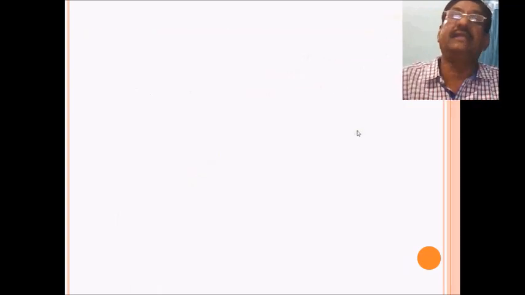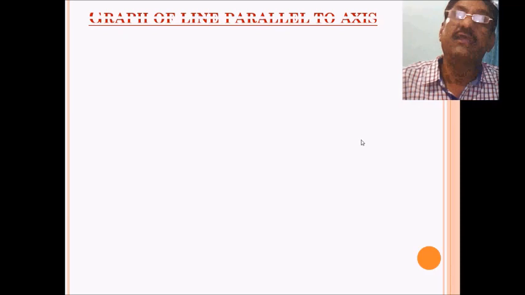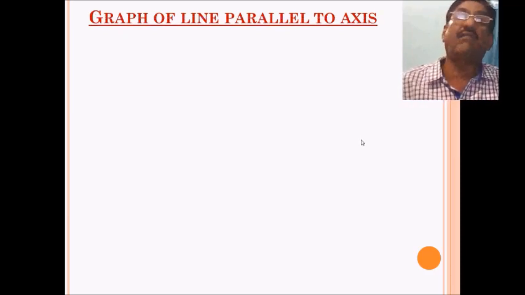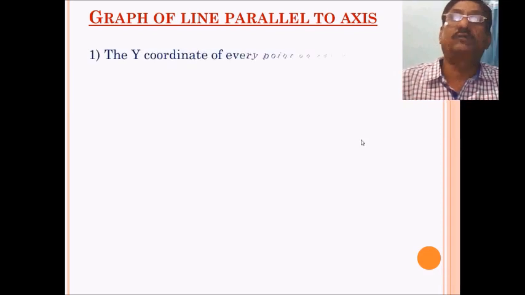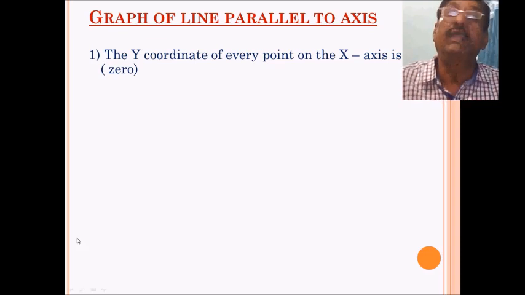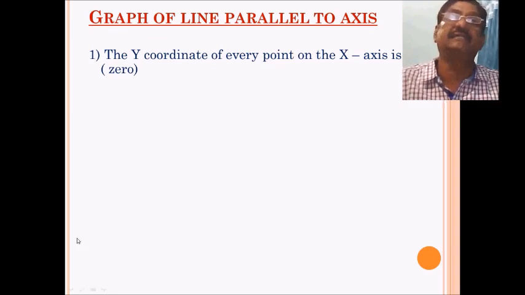How can we draw the parallel lines on the number line? So we see the equation of the x-axis is always y equal to 0, because it intersects the y-axis at the point 0. Similarly, the equation of the y-axis is x equal to 0, because it cuts the x-axis at the point 0.